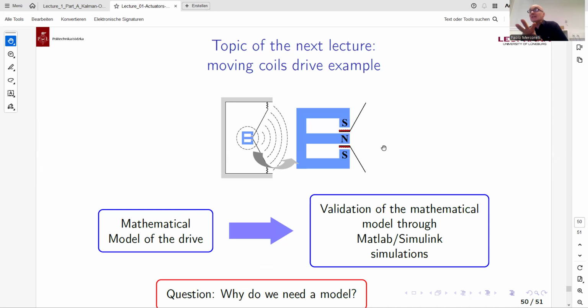Let me explain this slide here, and then I will look for a more practical configuration, even though this is a practical application, because this is the moving coil application, in which the mover consists of the coil, and is the voice coil system. I don't know if you know that. I don't know if you hear music.